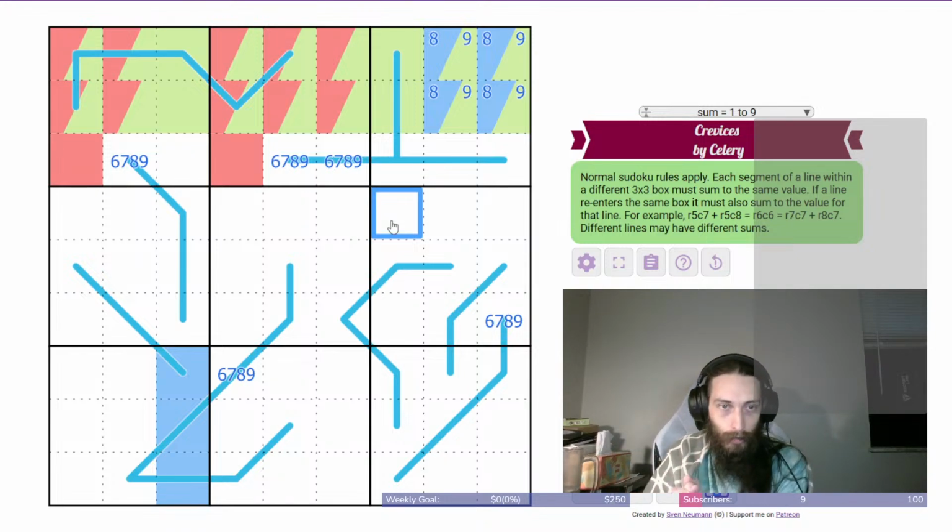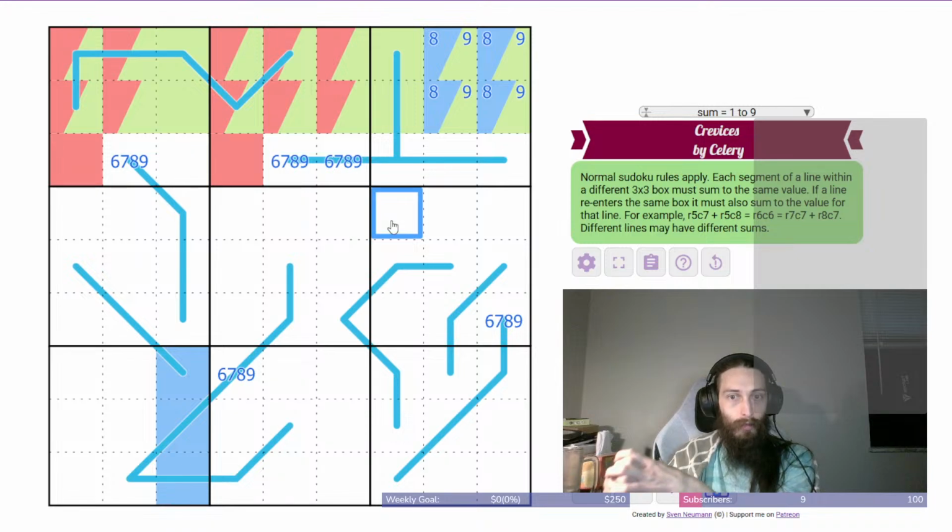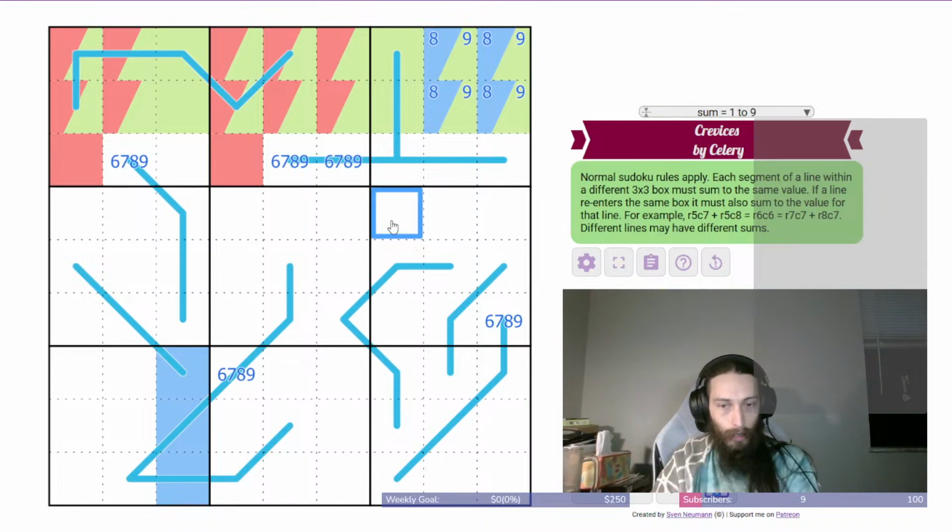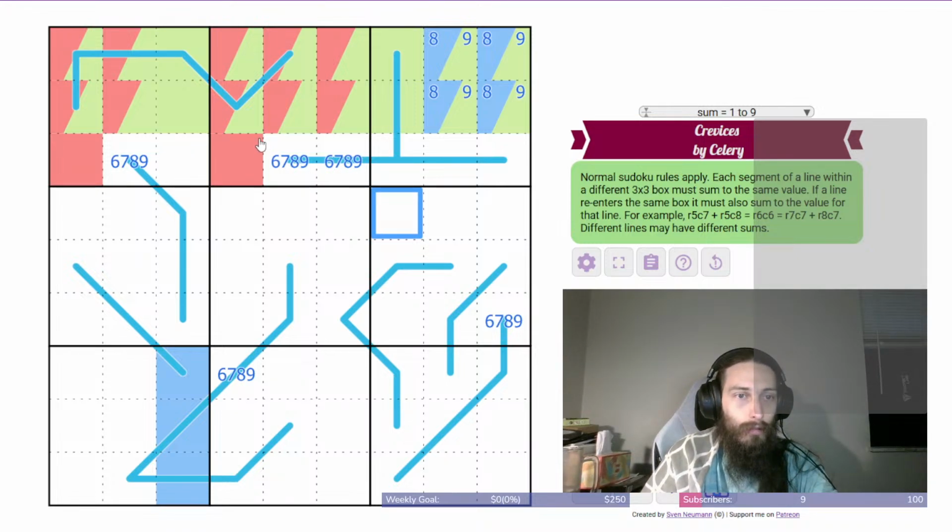So if I add green to my blue group, then red is equal to blue and green minus 90. Because green sums to equal 90.